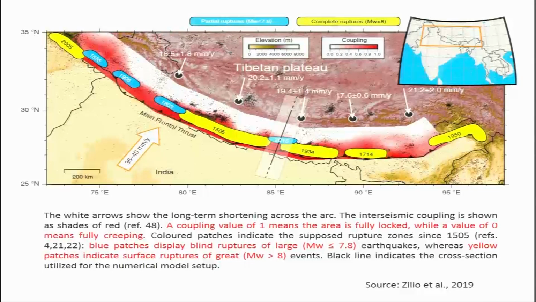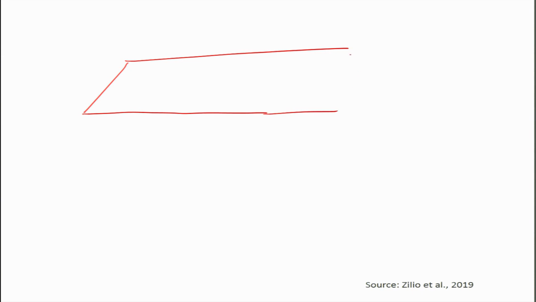Now, another scenario which comes up is whether these earthquakes were triggered along the front or in the hinterland side. When I say along the front or the hinterland side, I would like to put a sketch here. This is the Himalaya, the lesser Himalaya, then you go up to the higher Himalayas.